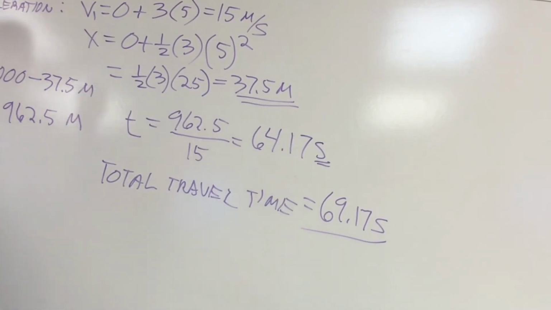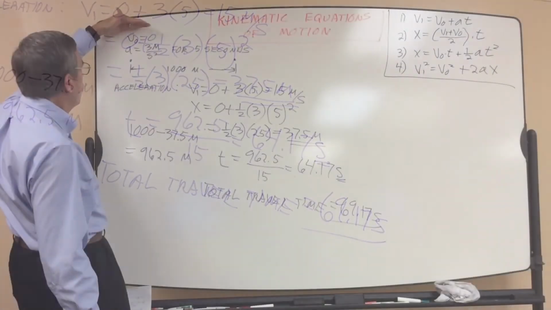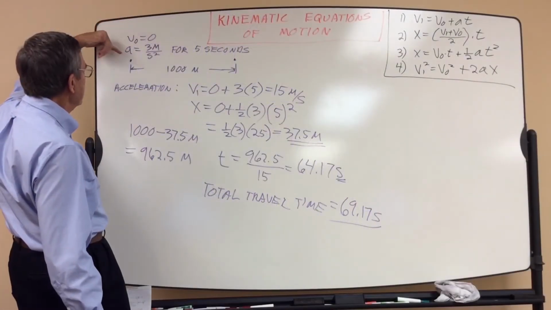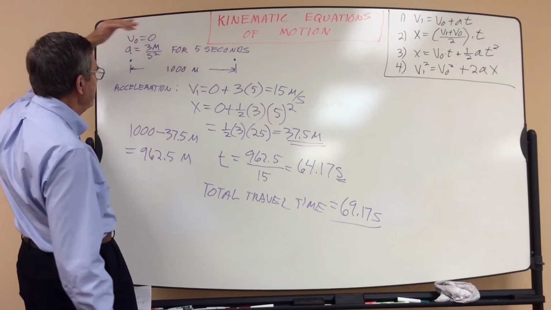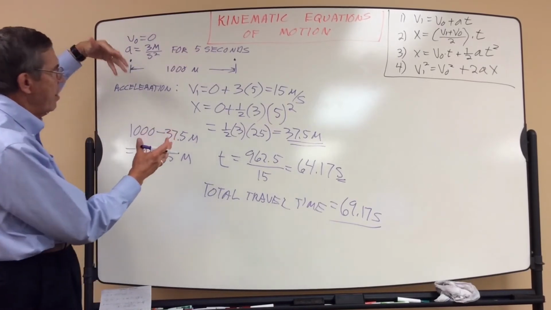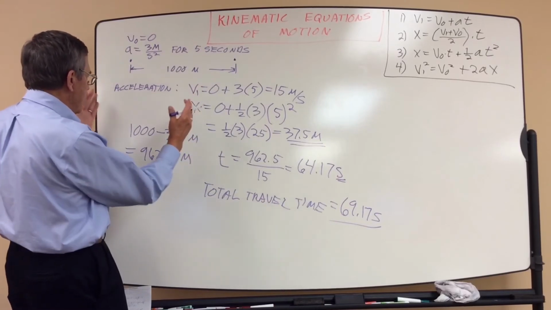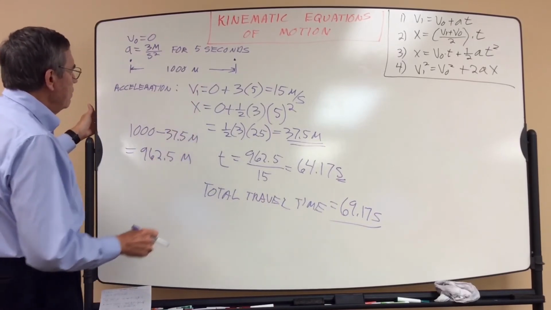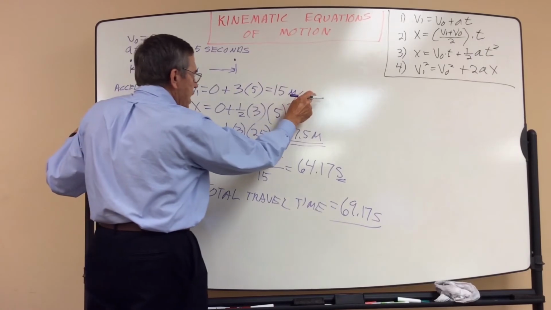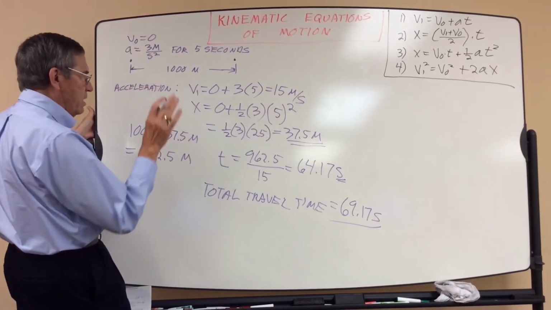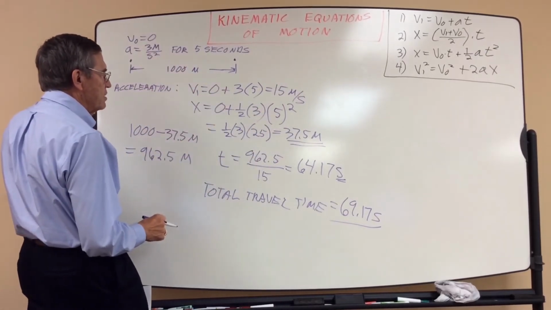So let's review a second. We defined what we knew, what we were told. We started at rest. We have an acceleration for a certain amount of time. We decided to solve the problem in 2 pieces. One is the acceleration piece, and the other was the constant velocity piece. We had to find the velocity we were going to be traveling when we started at constant speed after our acceleration.